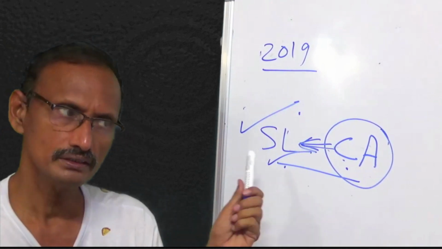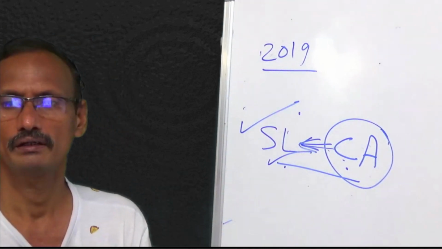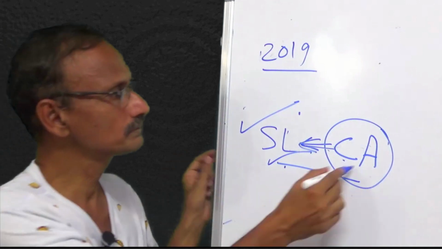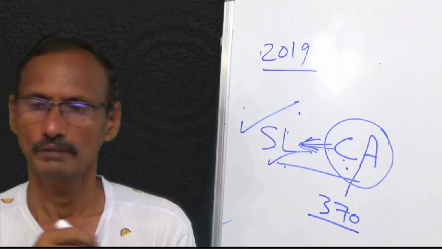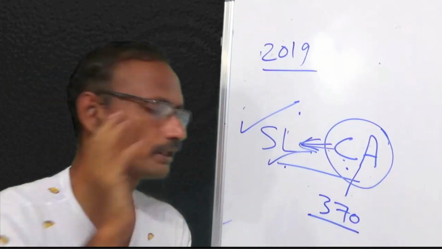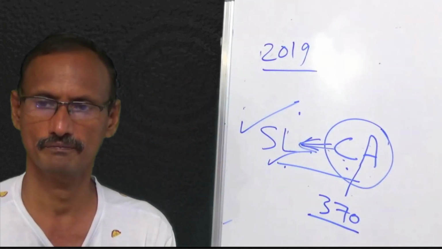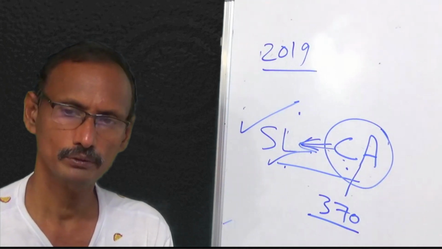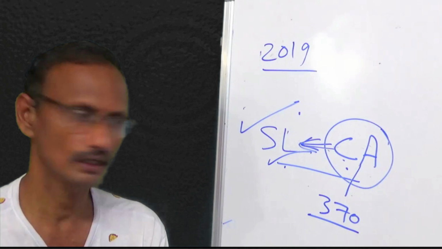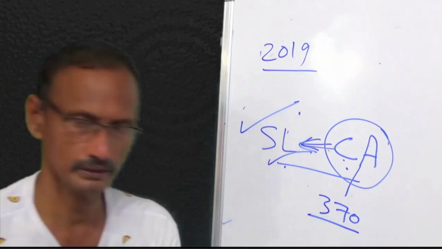But where is this amendment made? The constituent assembly is mentioned in 370. But 370 is not supposed to be amended by the Indian Constitution. So the amendment procedure of the Indian Constitution is not applicable to 370.